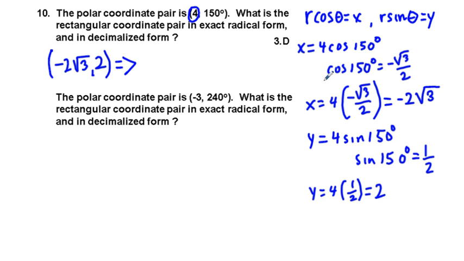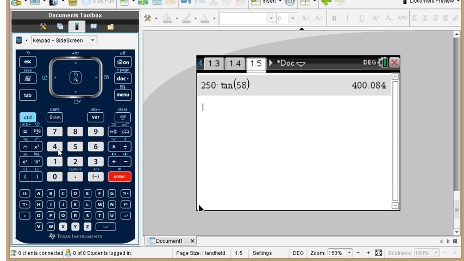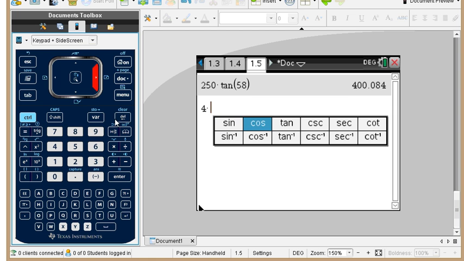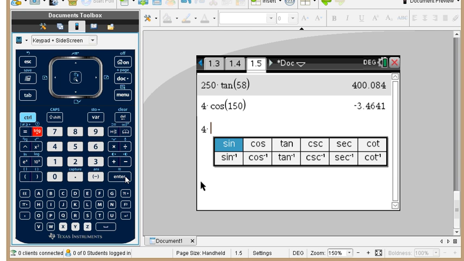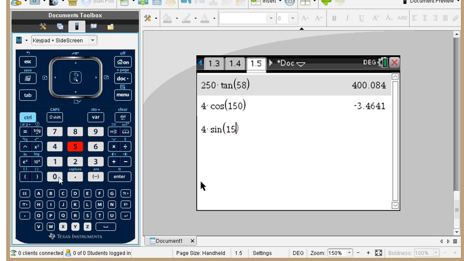Or one thing we can do equally as well is put it in the calculator, 4 times cosine 150 degrees. We are in degrees, so we get negative 3.46. And then for the y value, we put in 4 times sine of 150 degrees, and we get 2, just like we had earlier.